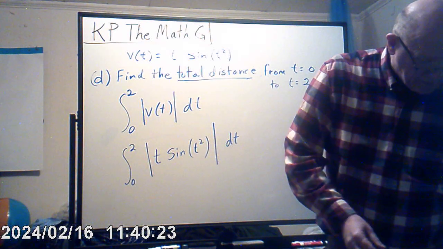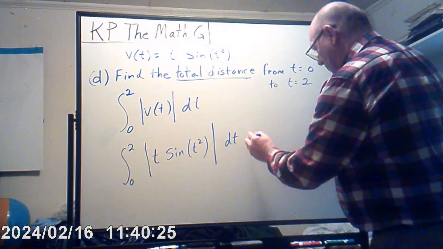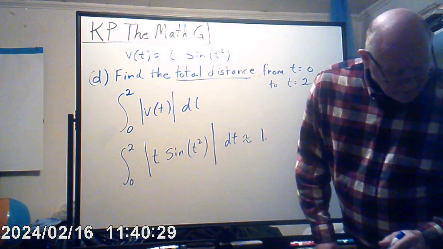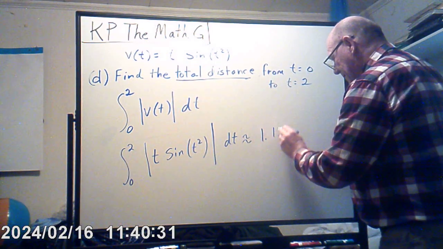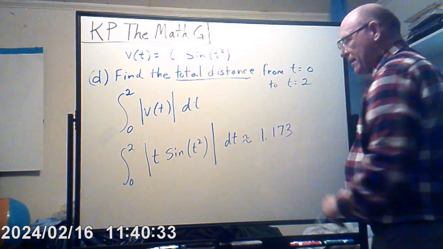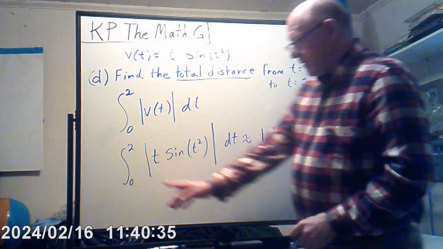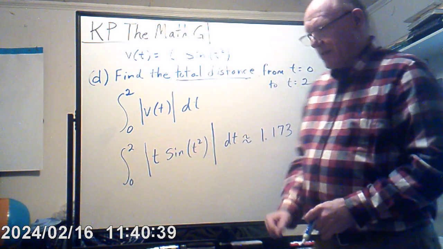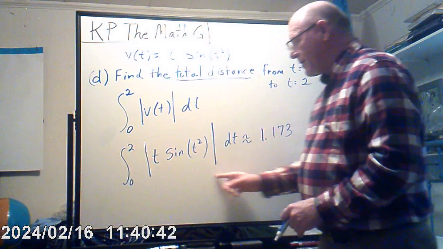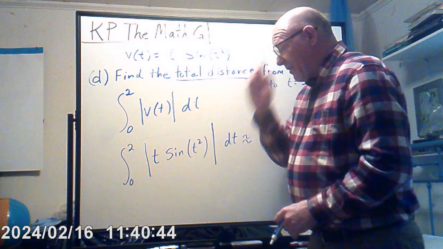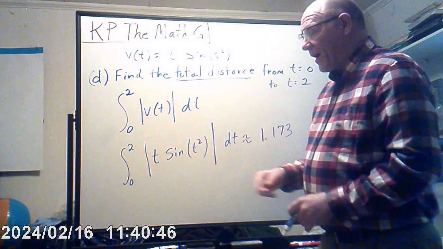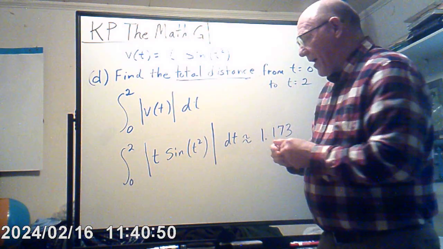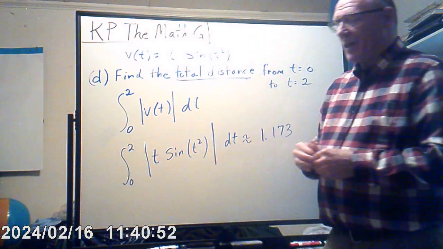And the answer comes out to about 1.173. If you have the integral symbol on your calculator, you can easily do this. Figure out where your absolute value is on your calculator and put this inside it, just like that.